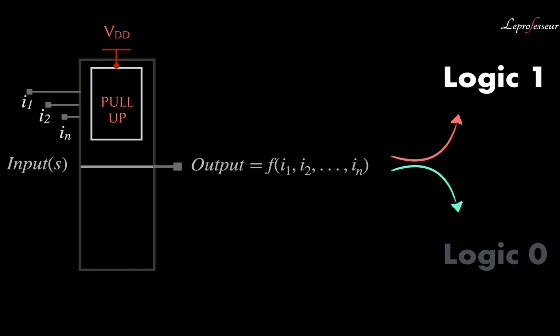The pull-up is connected to VDD. And then the second part, we can think of a pull-down circuit, which can pull the value of the output to 0, logic level 0.